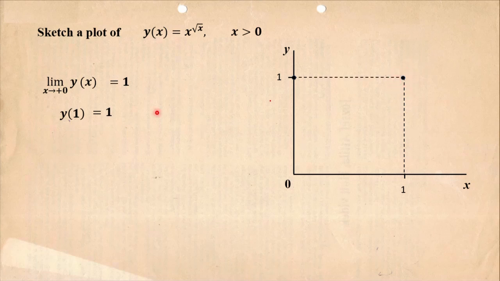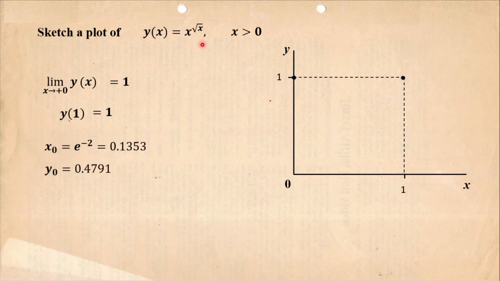The third point is the point of minimum of this function, which has these coordinates. Again, the proof of this you can find following the link in the description to this video. Second link. So this point of minimum is somewhere here.